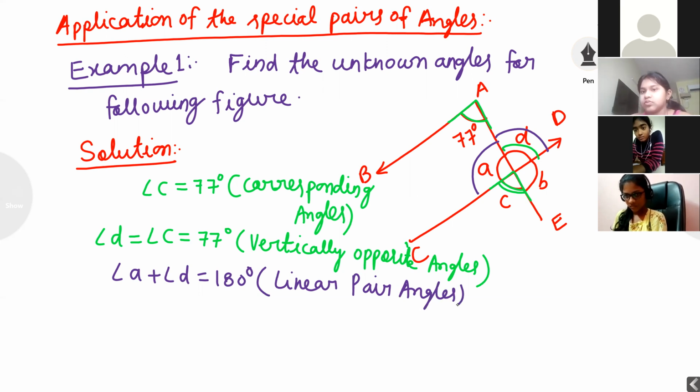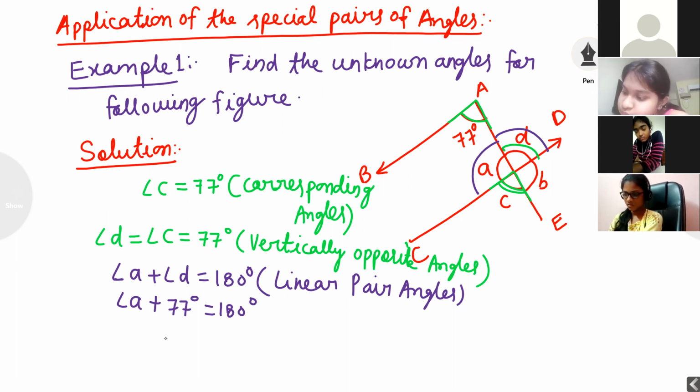Angle A I want to find out. I will write angle A as it is, and angle D we already got, 77 degrees. Angle A as it is plus angle D, 77 degrees, is equal to 180 degrees.